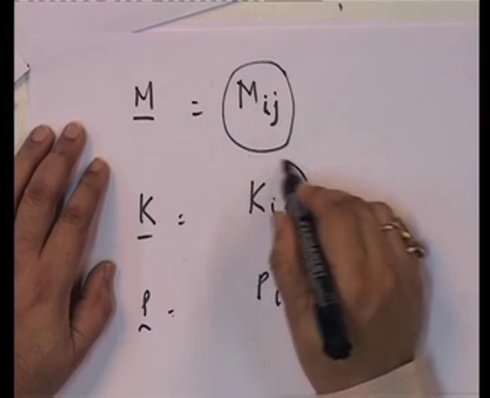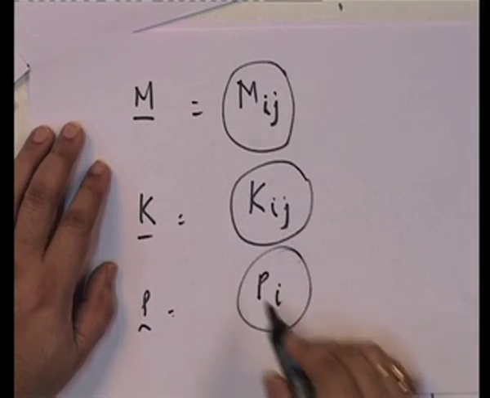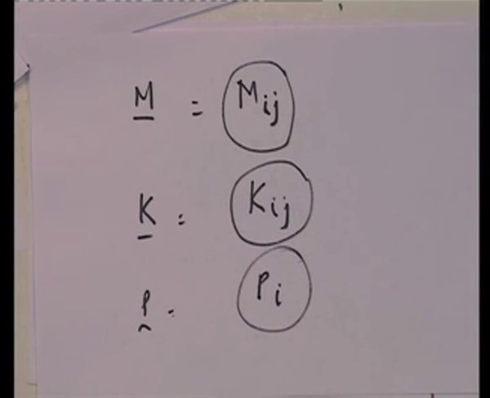So, the entire problem then becomes, for every complicated problem, I do not need to write down the entire equation, develop the equation. All I need to do is find out the elements of the mass matrix, the elements of the stiffness matrix, and the elements of the load vector.